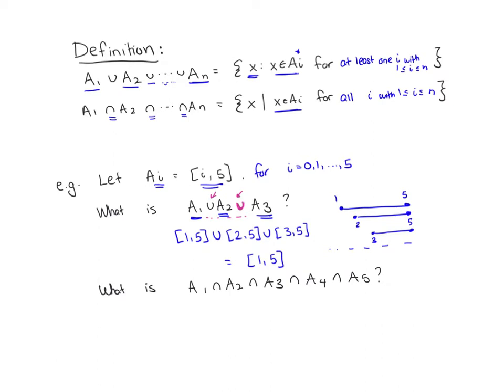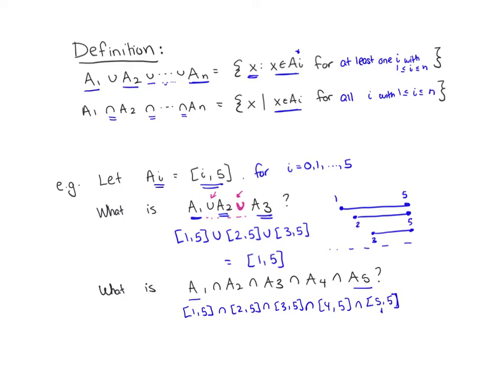Now, we can also do this for intersection. If I want to intersect A1 through A5, I'm going to intersect the intervals from 1 to 5, 2 to 5, 3 to 5, 4 to 5, and 5 to 5. We can define this interval, right?